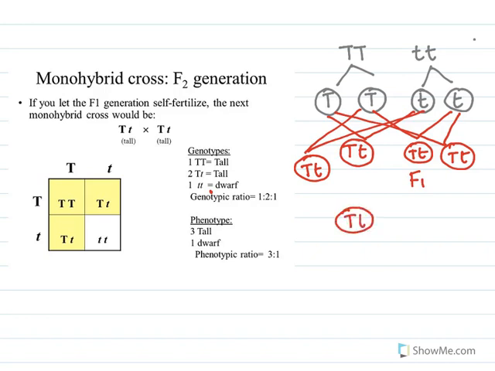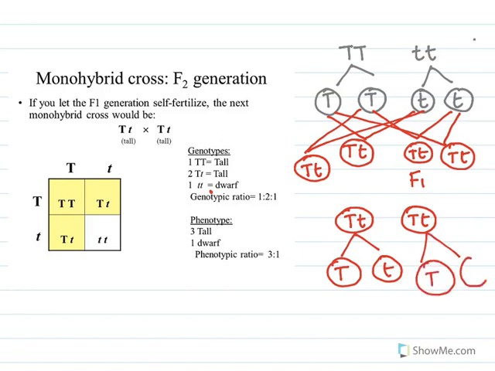Now we took two F1 generation tall plants and we crossed them. But before we cross, we have to make our gametes. So the gametes were capital T, small t, and these gametes were capital T, small t. So we can see here are the gametes. This is the male maybe, and this is the female.